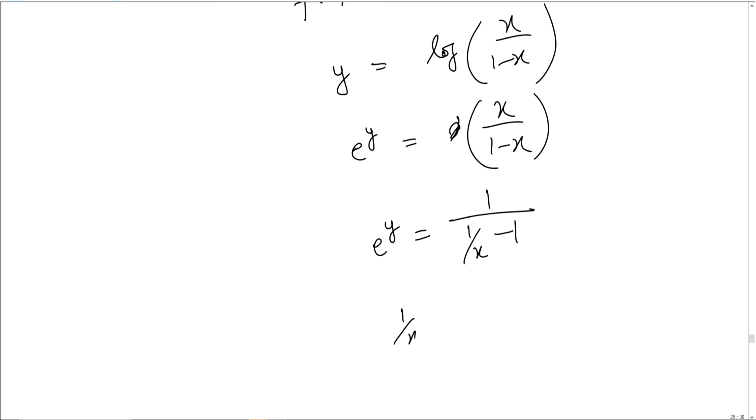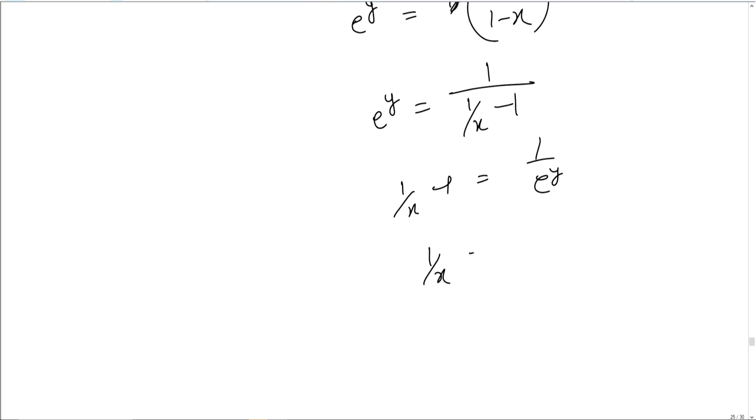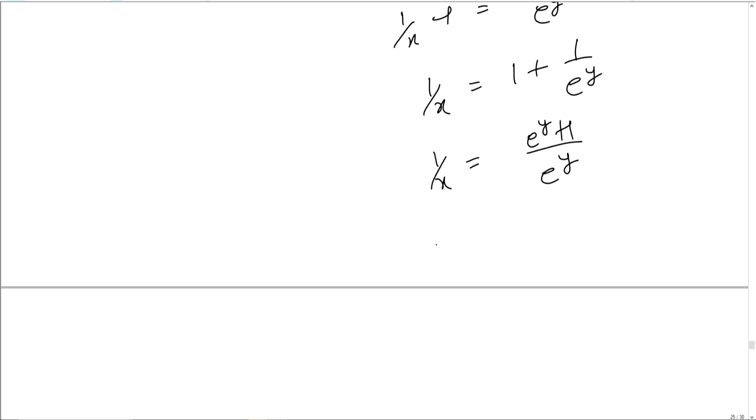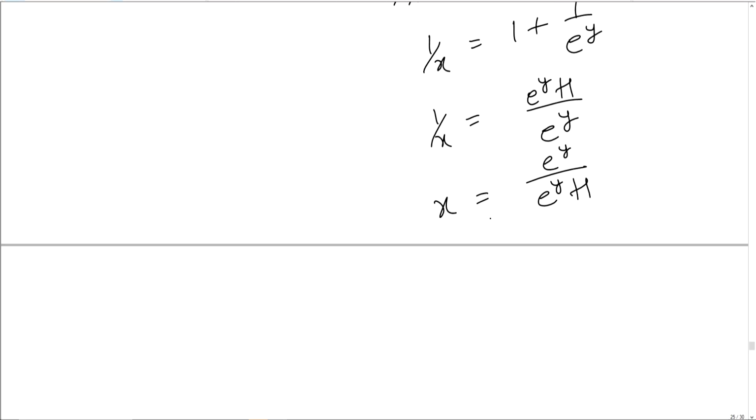So, I can rewrite it as 1 by x minus 1 equals 1 by e to the power y. So, 1 by x is actually 1 plus 1 by e to the power y. So, 1 by x can be written as e to the power y plus 1 divided by e to the power y, and x can be written as basically the inverse of this, e to the power y divided by e to the power y plus 1. So, that is the inverse function.